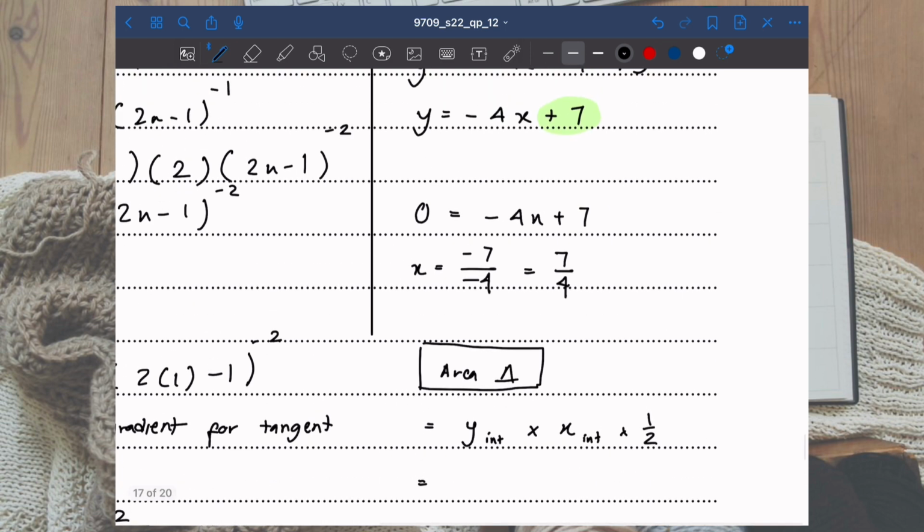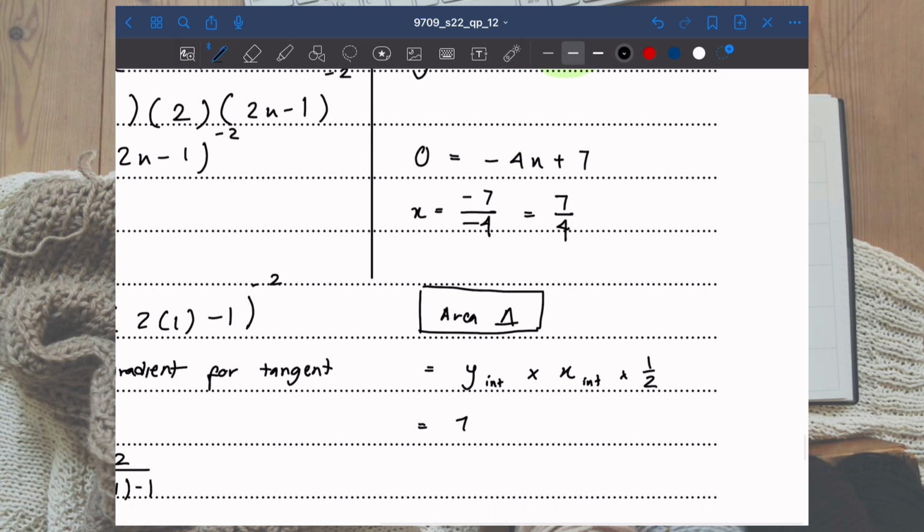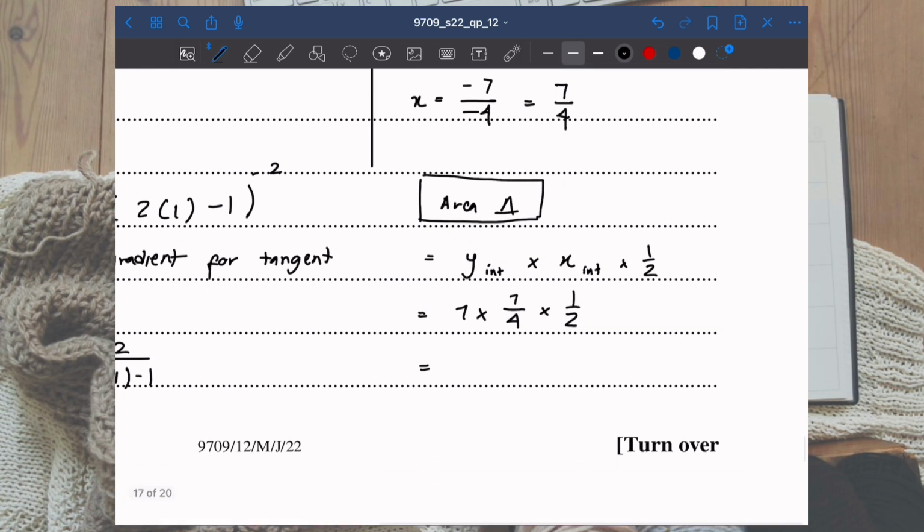So our area is 7 times 7 over 4 times 1 over 2. This gives us 49 over 8. So that is your answer for part E.